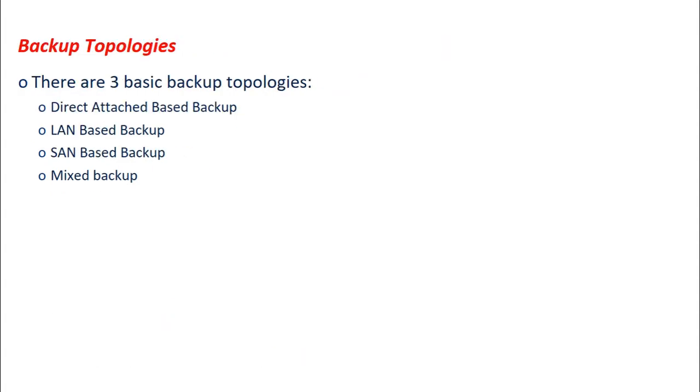Let us first see what backup topology means, or what the different backup topologies available are. Three basic topologies are used in a backup environment: the direct attached backup topology, the LAN based backup topology and the SAN based backup topology. A mixed topology is also used by combining the LAN based and SAN based topologies.